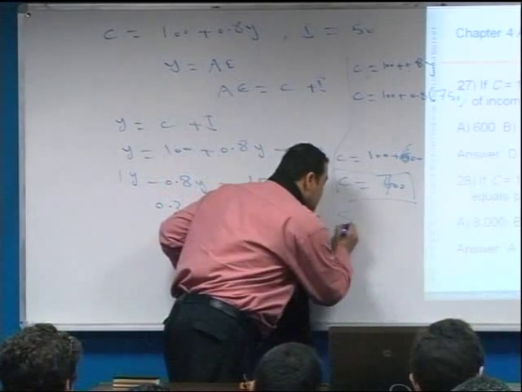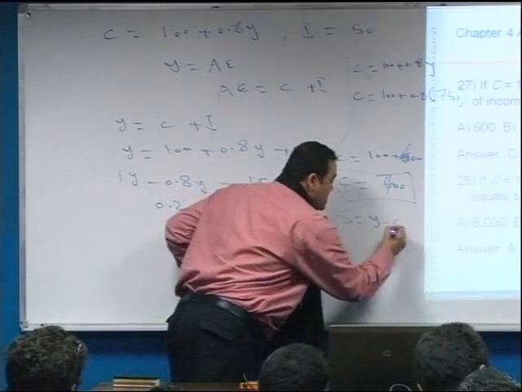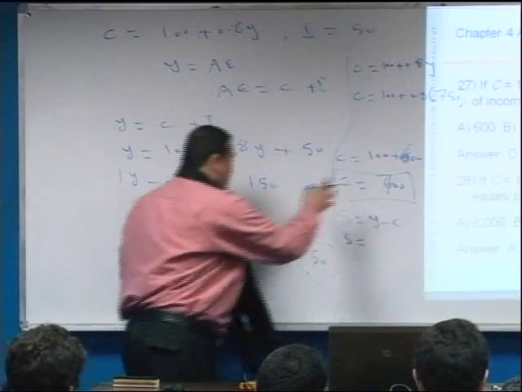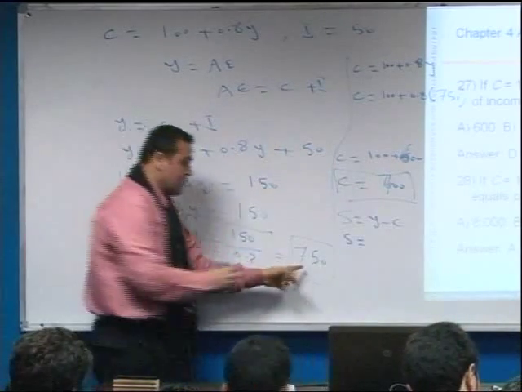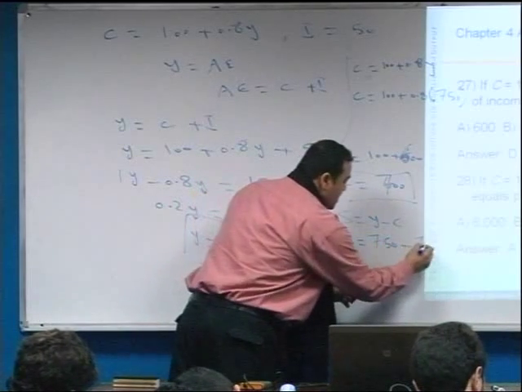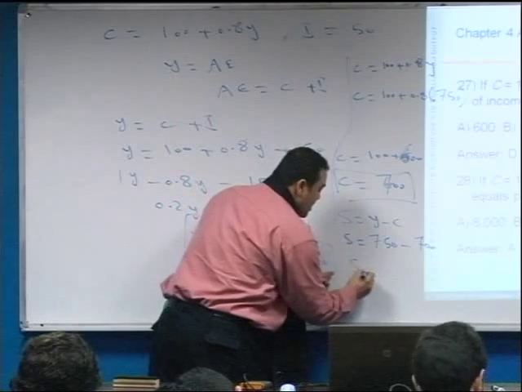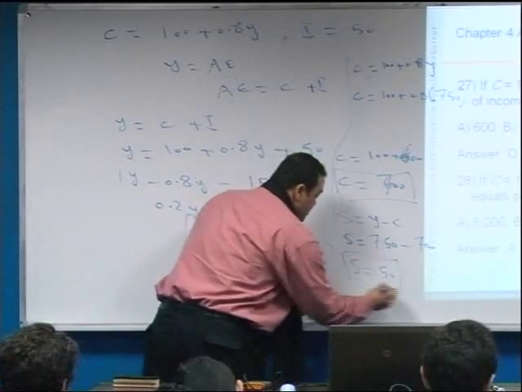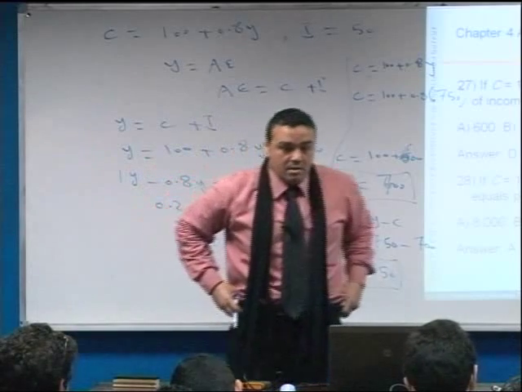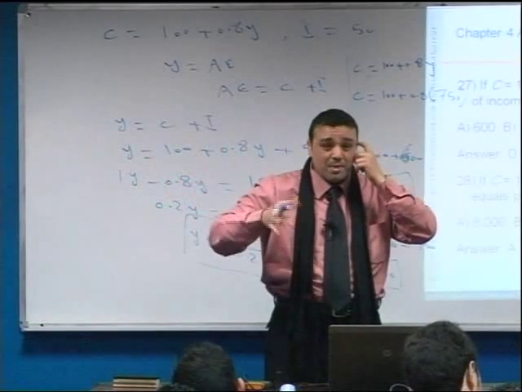So saving equals Y at equilibrium, 750, minus the consumption, 700. In this case, saving equals 50. This is the value of aggregate saving at equilibrium. Is there a problem?